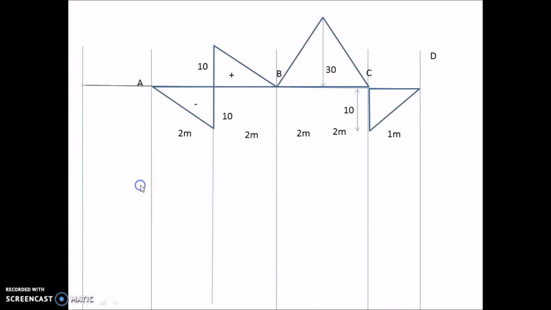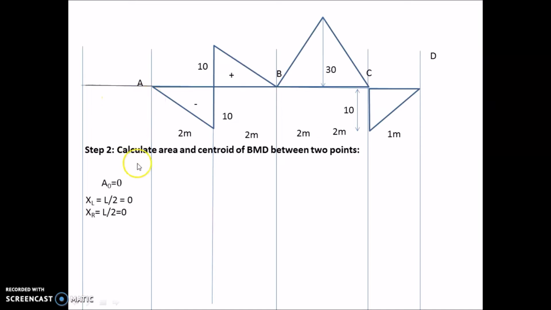Now step 2 is to calculate the centroid, area and lengths of this bending moment between 2 points. The first span here is A0A, for which everything will be 0, since it is an assumed span. Now coming to the second span AB, in previous problems we calculated the area for the total span at a time, but since there is some difference here, since this is a negative one and this is a positive one, we calculate them separately.